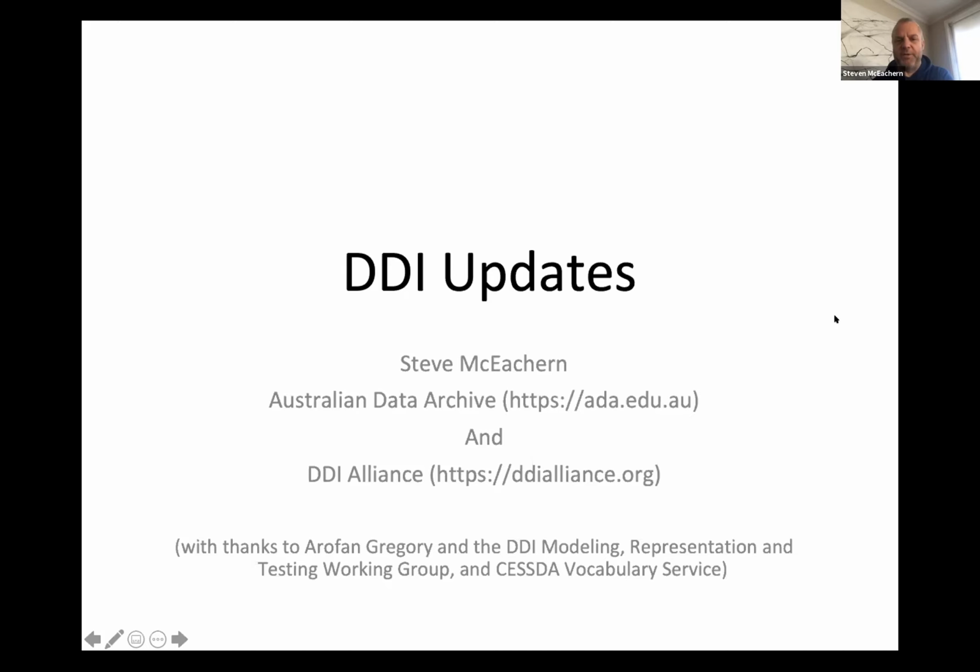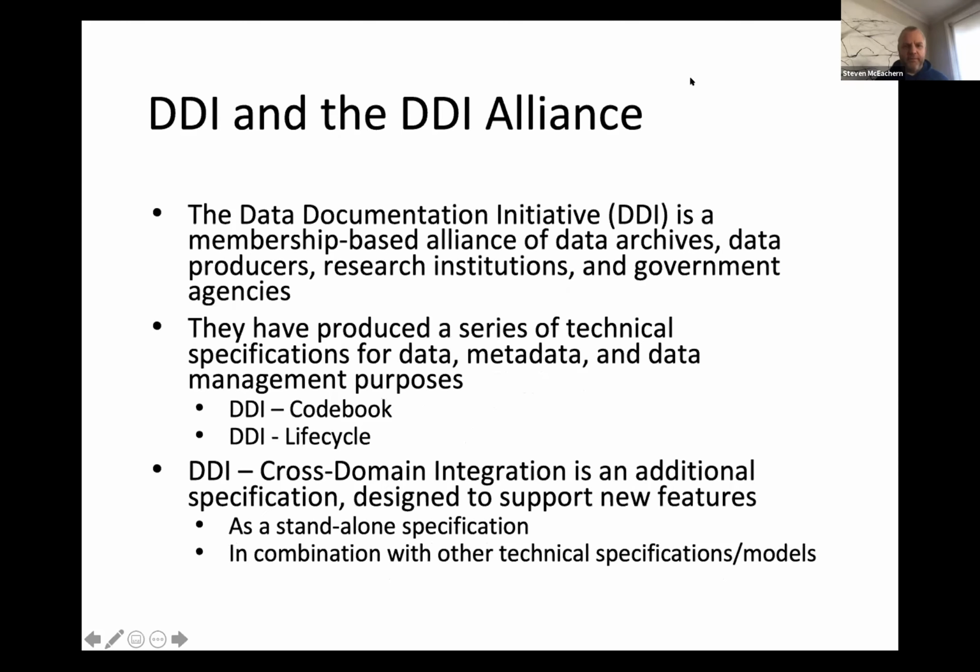I'm not going to go into detail with any of them, but you can pick up more information on a number of them. I'll point out where from as we go through. For those who aren't aware, the DDI Alliance is a member-based alliance of archives, producers, institutions, and government agencies right around the world. There's a series of technical specs that support data and metadata and data management.